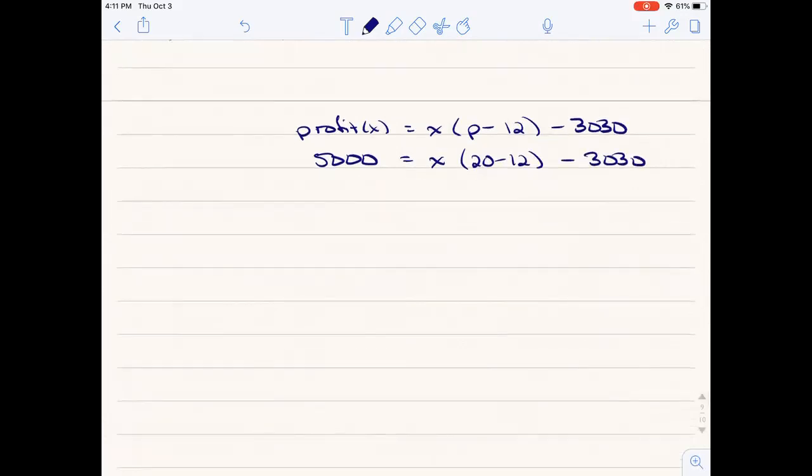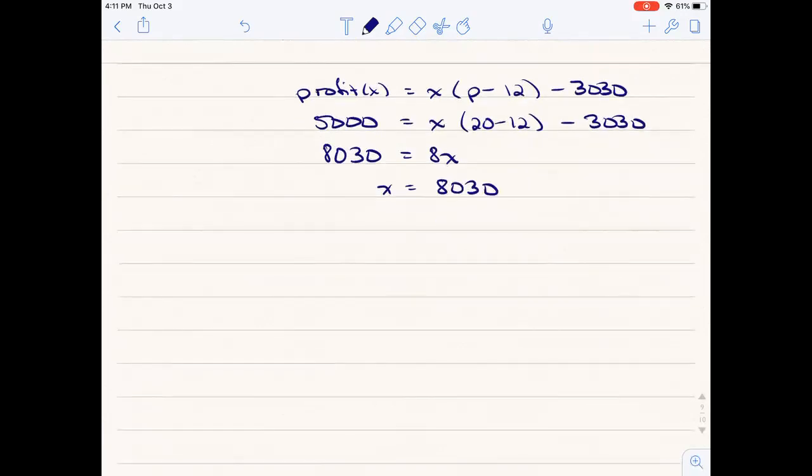So now as I move my 30, 30 over to the left-hand side, I get 8,030 is 8x. So x must be 8,030 divided by 8. 8,030 divided by 8 is 1,003.75 units.